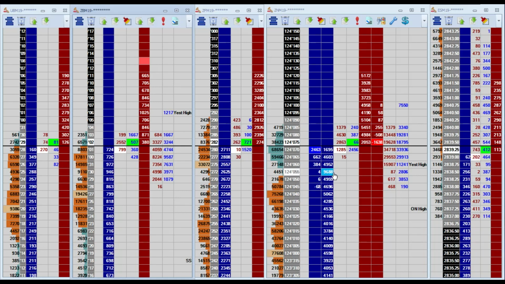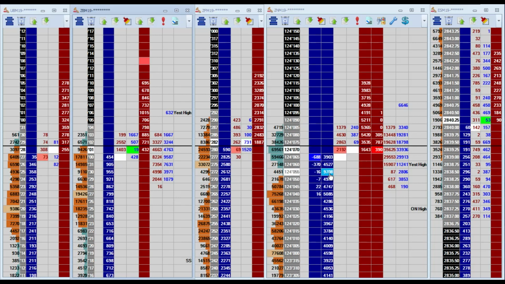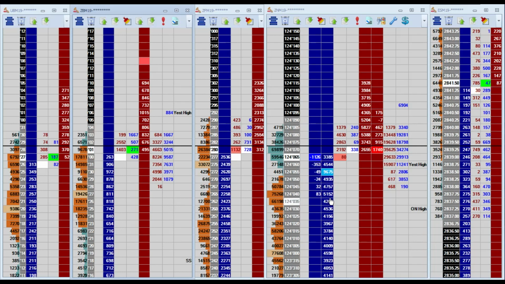Because if it was algorithmic or some sort of a program, they're typically trained to, as soon as they get hit down into, just yank right off, and they look more like the rest of these guys down here. And that's just some spoofing going on. But this one actually traded. Not only did it trade, but there were huge orders that came up in front of it. So that tells me that on first attempt it was legit.